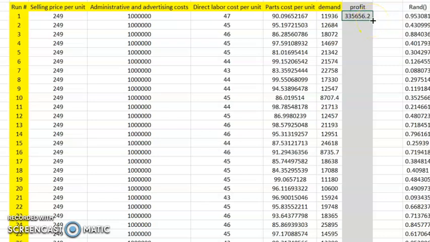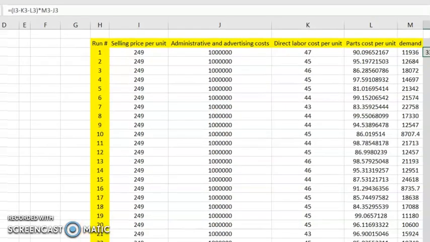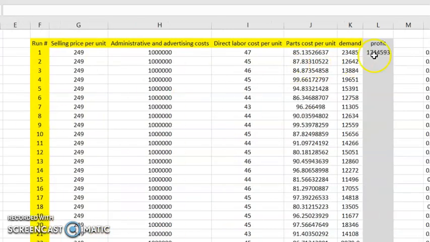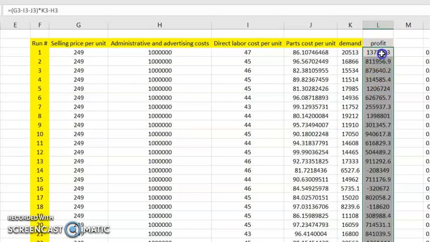So I'm gonna populate it the same way that I told you, and let me also show you the formula just in case you want to know. Okay, here you see the formula that we have for this, and by double left click, we get all the results.